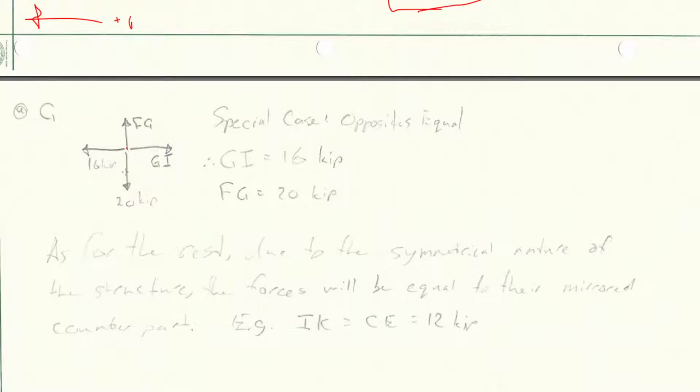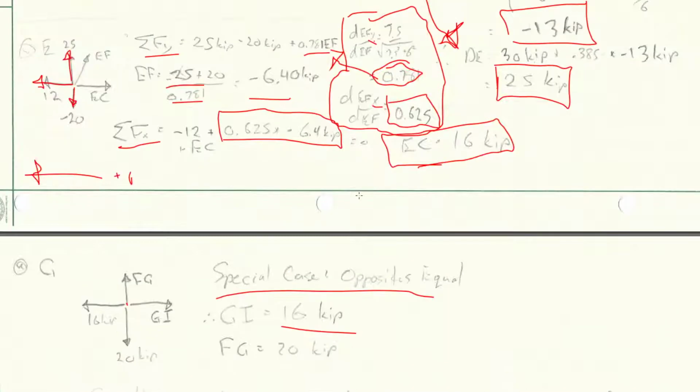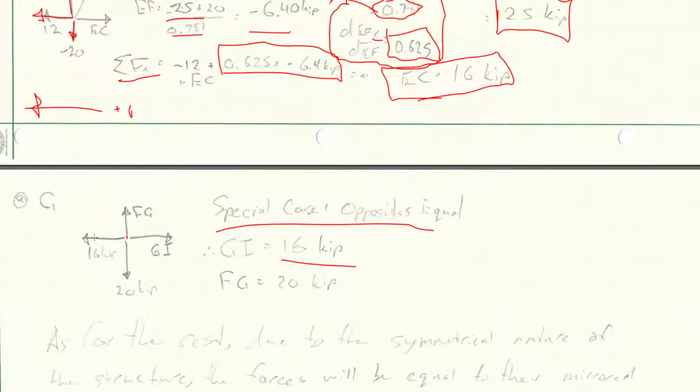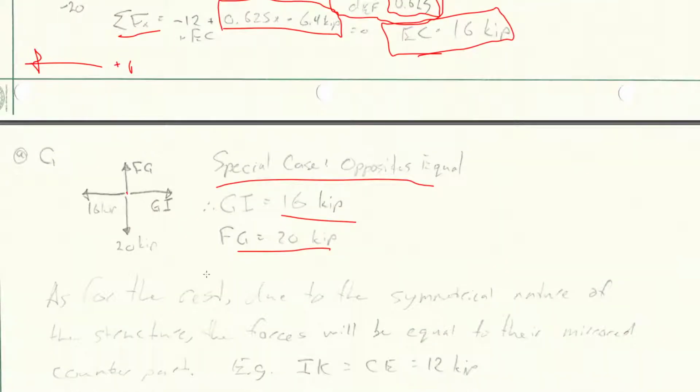Two pairs of oppositely oriented forces. So again, that's one of those special cases that we had looked at. So based upon that, we can just look at it and say, all right, G is equal to 16 kip, because that's the magnitude of EC, and FG here is equal to 20 kip, because that is the magnitude of the load that is being applied at that point. And then there we go, problem solved.